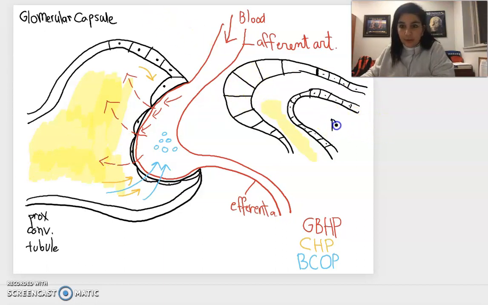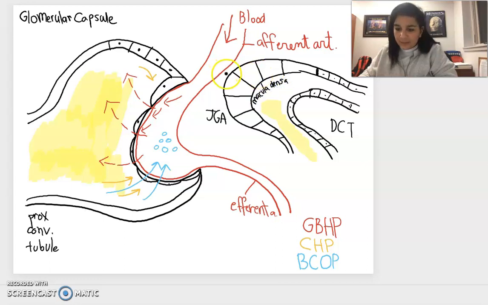So distal convoluted tubule, and we have this Juxtaglomerular Apparatus right here. These cells, we really call this series of cells macula densa. Macula densa, and it's in conjunction with this structure here.